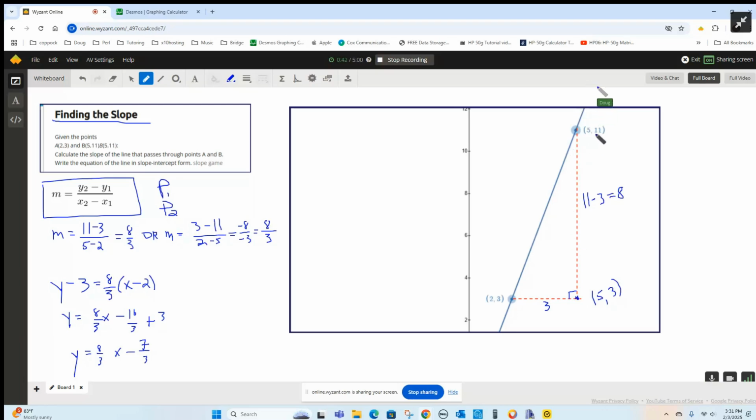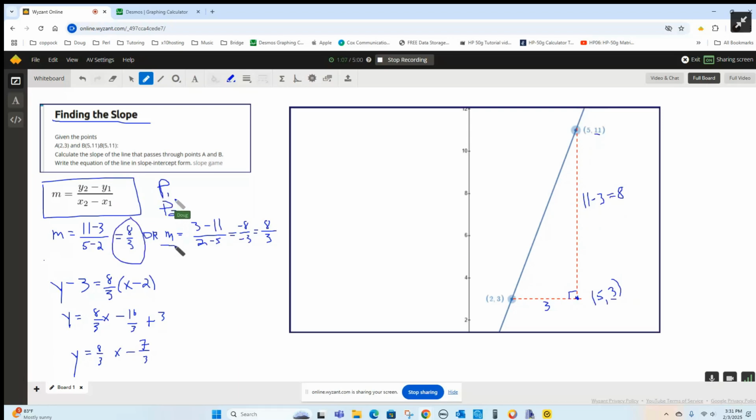The rise is the distance between the y coordinates, 11 minus 3, and we're going up, so we want that number to be positive. And from (2, 3) to (5, 3), we're going 3 units. So the rise is 8, the run is 3. And so there's the slope right there, 8/3.